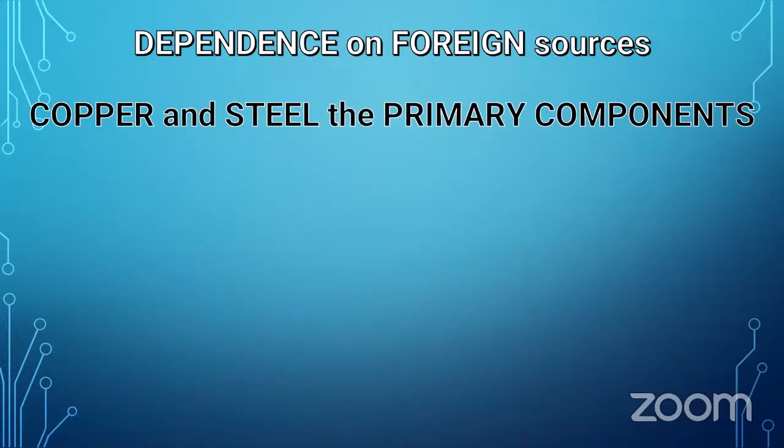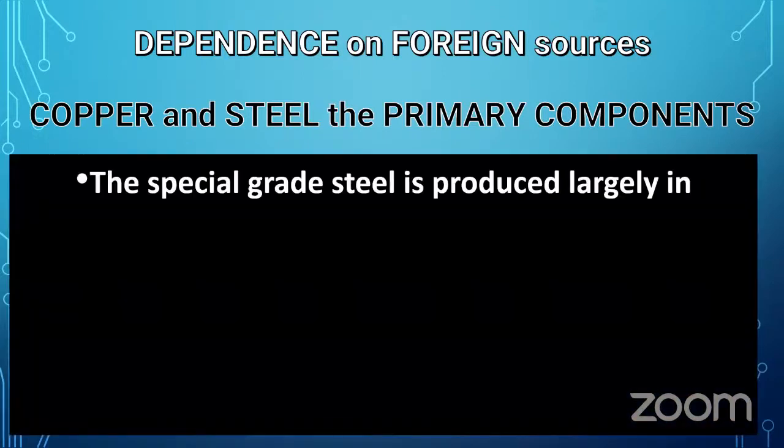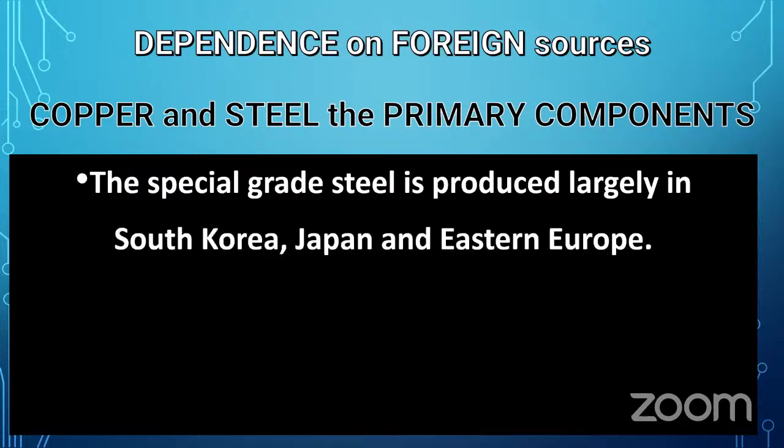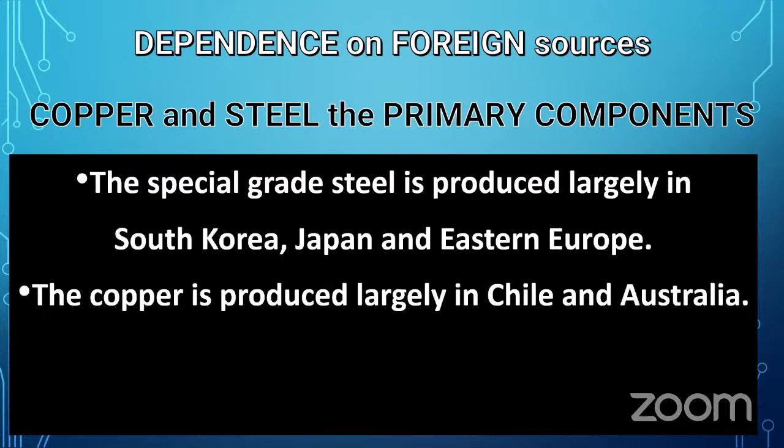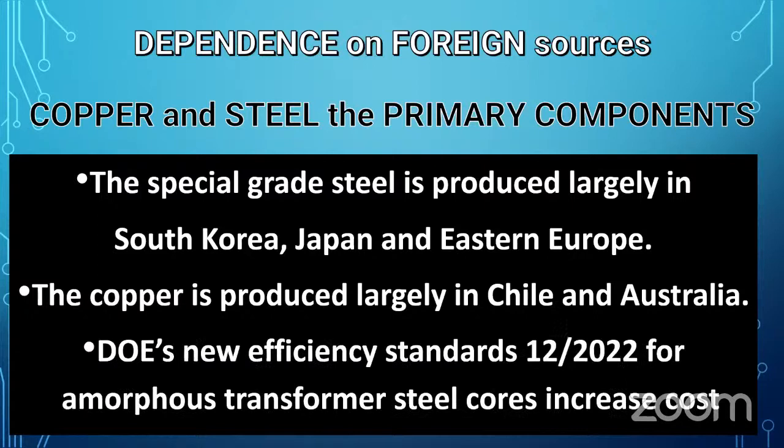Dependence on foreign sources: copper and steel are the primary components of transformers. The special grade steel is produced largely in South Korea, Japan, and Eastern Europe. We do very little of it in the United States. The copper is produced largely in Chile and Australia. The Department of Energy's new efficiency standards put out last December for amorphous transformer steel cores increase the cost and delay production of transformers.